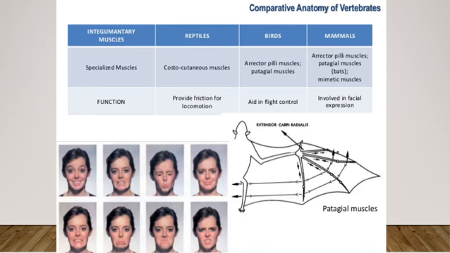And we have the mimetic muscles. In terms of function, it provides friction for locomotion among reptiles, and in birds, it aids in flight control. In mammals, it is involved in facial movement. In humans, it is for facial expression. But in bats, the patagial muscles are also helpful in their flight.